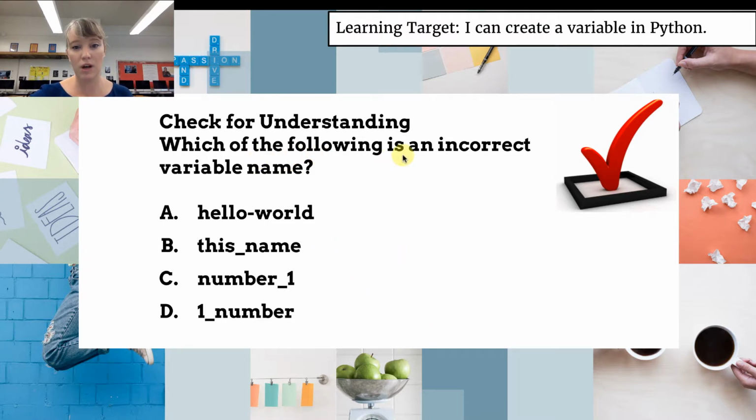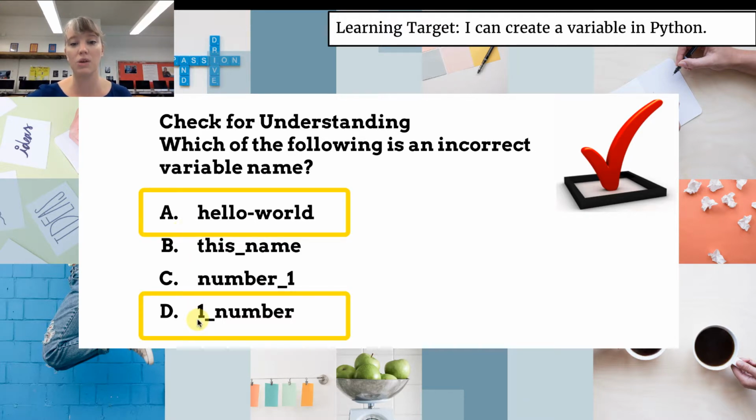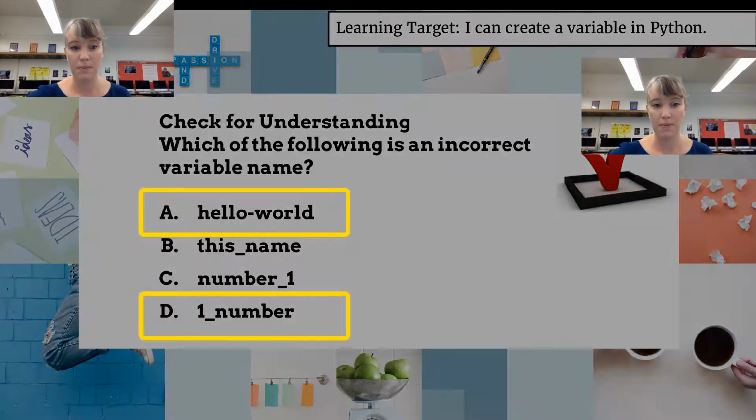Which of the following is an incorrect variable name? Well, A is incorrect because it uses a dash and not an underscore. B is correct, so you should not have chosen B. C is correct because it's letters, numbers, and underscores. And D is an incorrect variable name because it starts with a number. Okay, so the answers here are A and D because those are both incorrect variable names.